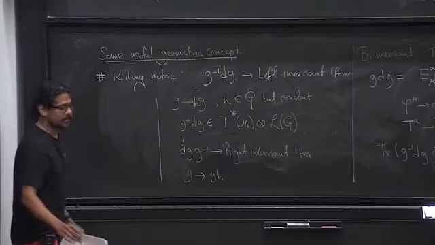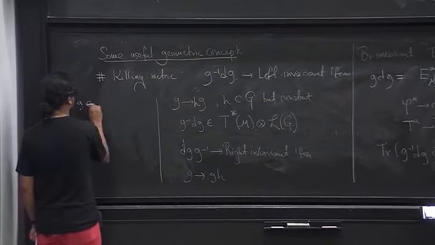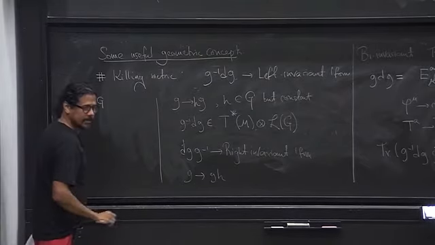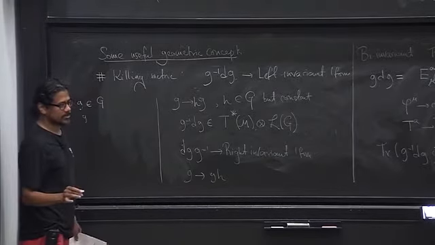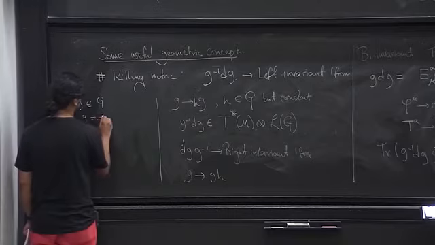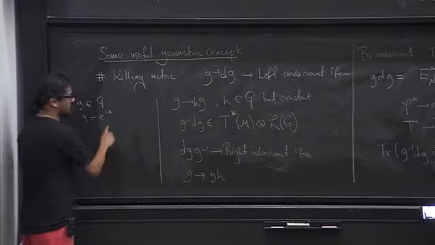Suppose g is an element of the Lie group G, right? If I have a compact Lie group, I can always use the exponential map and write it as e to the power i something, and this belongs to the Lie algebra.